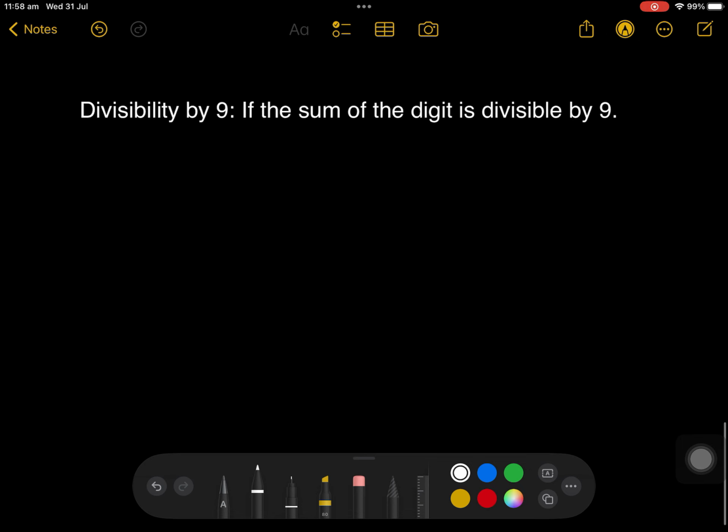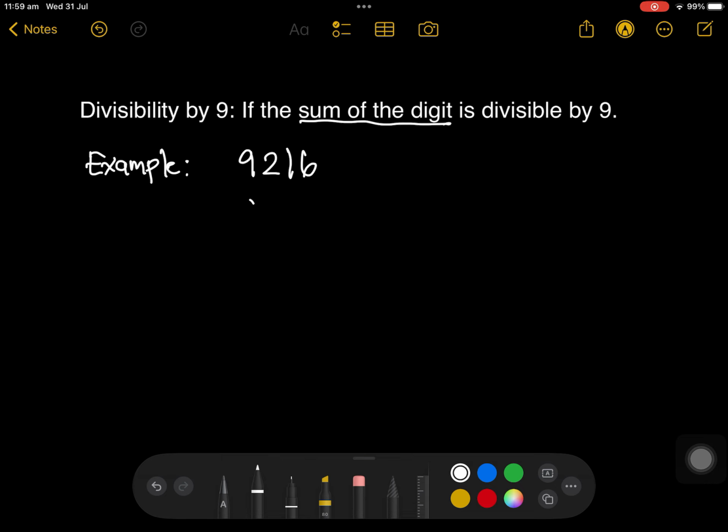All right. So for divisibility by 9, it states that if the sum of the digits is divisible by 9, then the number is divisible by 9. So it's similar to divisibility by 3. Let's have an example. Let's say you have 9216.